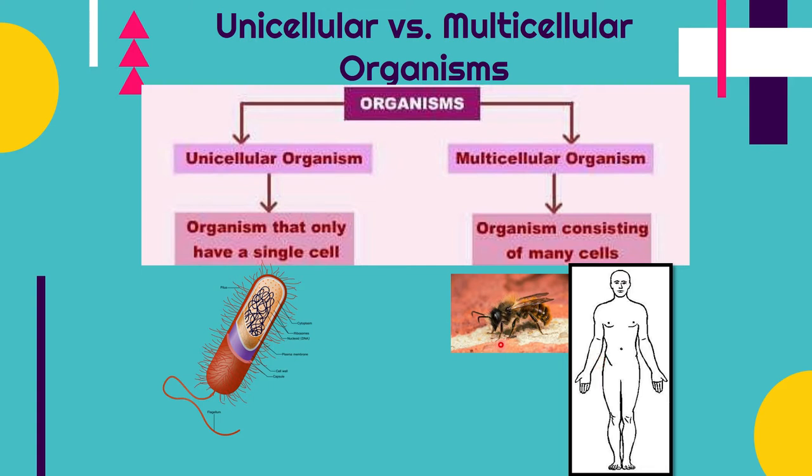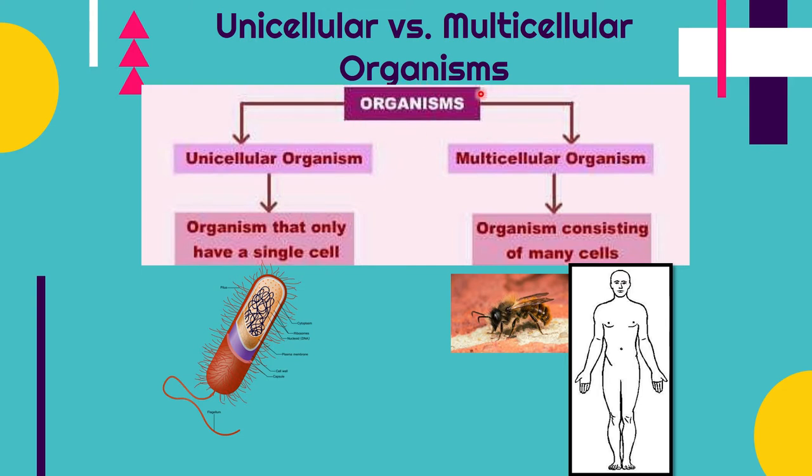And also, there are also multicellular organisms nga dili nato siya makita diretso with our eyes because they are small enough nga kailangan pa siya i-view og microscope. But although kailangan pa sila i-view og microscope, it doesn't mean there are unicellular organisms. They are composed of several cells, but they are not big enough to be seen with our naked eye.